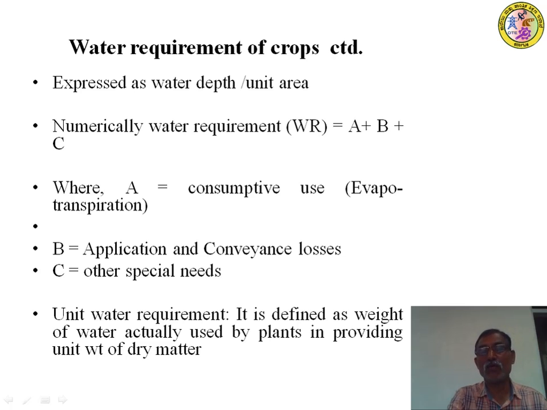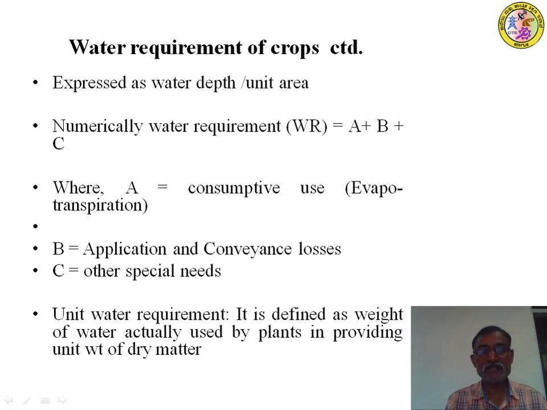That means the water requirement of the particular crop is evapotranspiration or consumptive use plus the conveyance losses. Conveyance losses means losses due to seepage in the canal, losses due to evaporation in the canal, and illegal water tapping by the farmers. All these are application or conveyance losses, right?